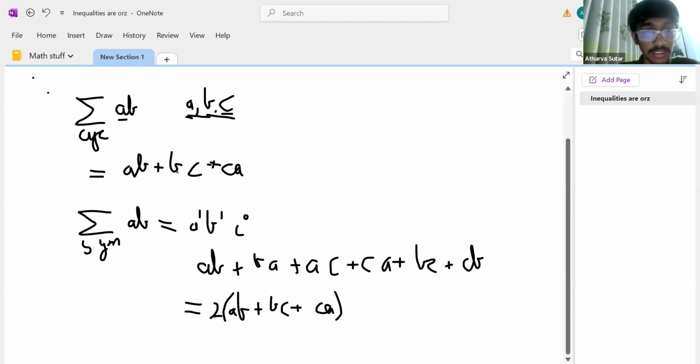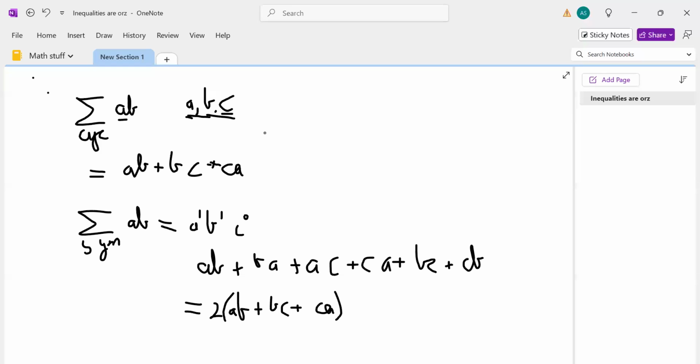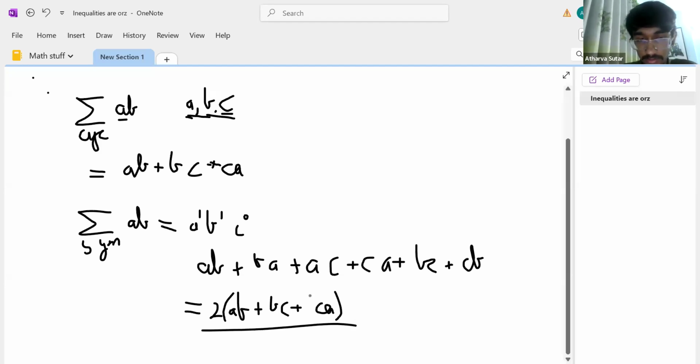So, did everyone understand cyclic and symmetric sums? Okay. You can remember this by remembering that if there are n variables, then a cyclic sum should have n terms and the symmetric sum should have n factorial terms.